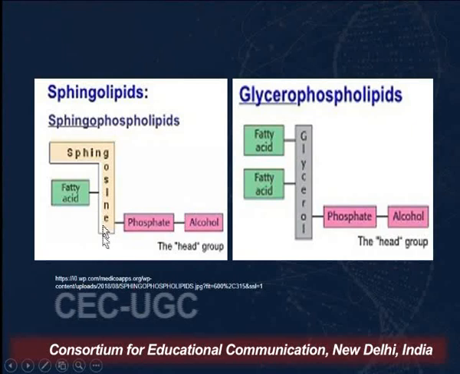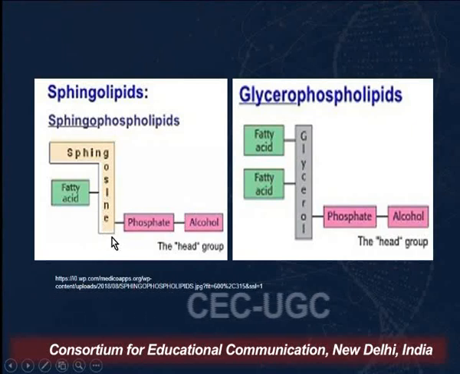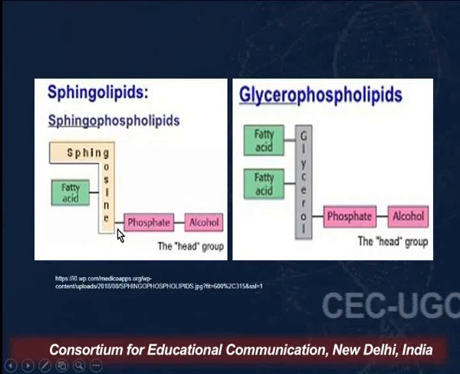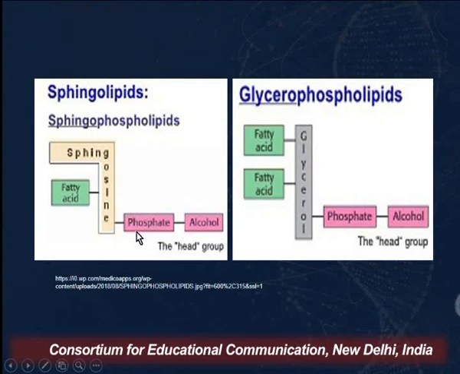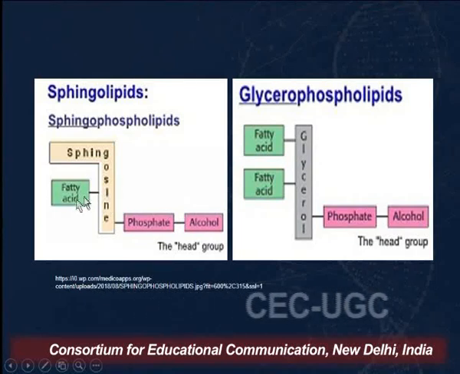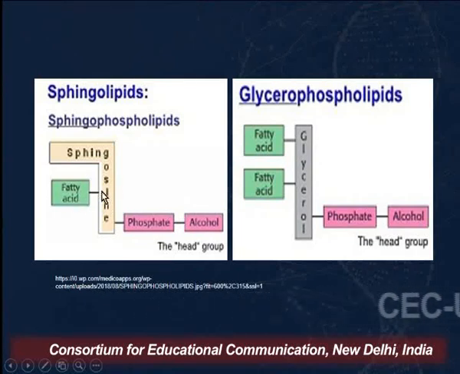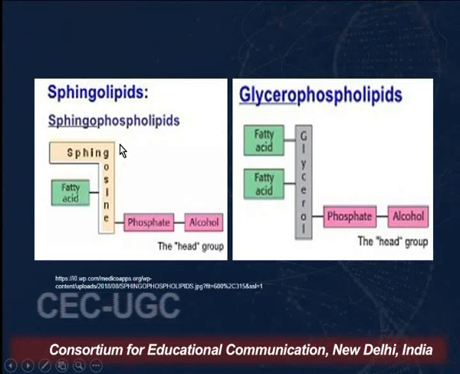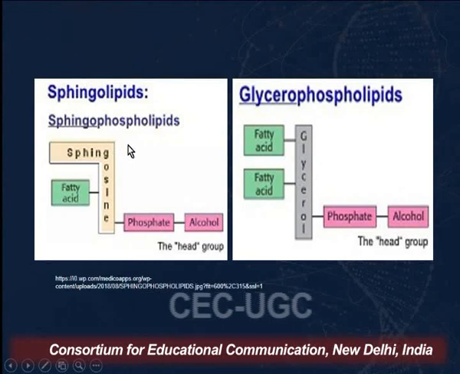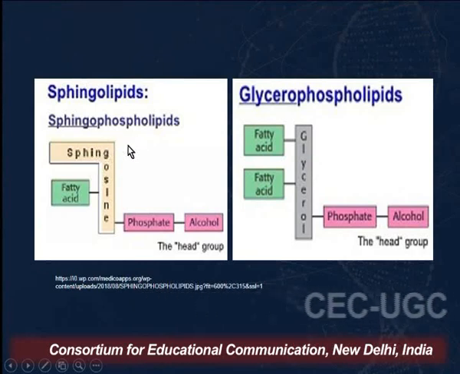And what we find in sphingolipid, the first two hydroxyl groups, the hydroxyl group which is attached to a phosphate group and an amino alcohol, and the second one which is forming amide linkage, which is having an amino group, are important biologically. The third OH is not shown here because it does not take part in biochemical reactions.